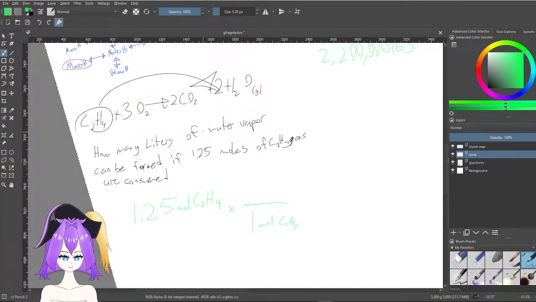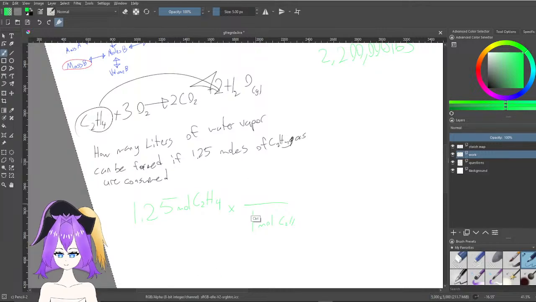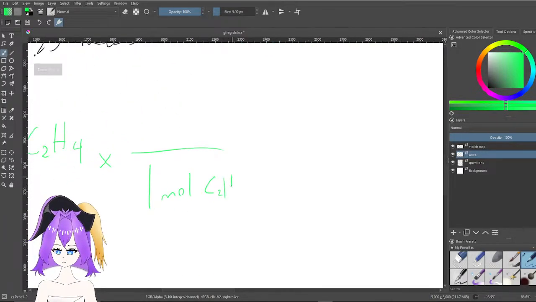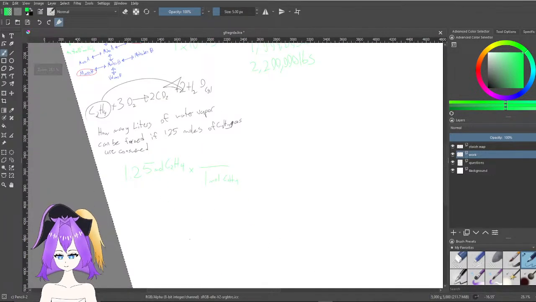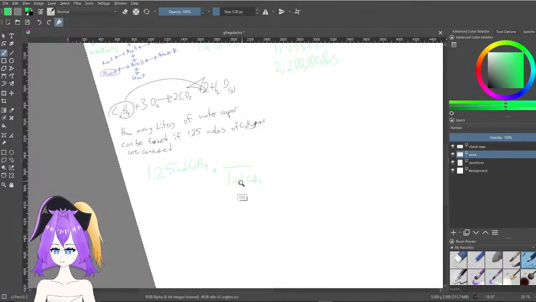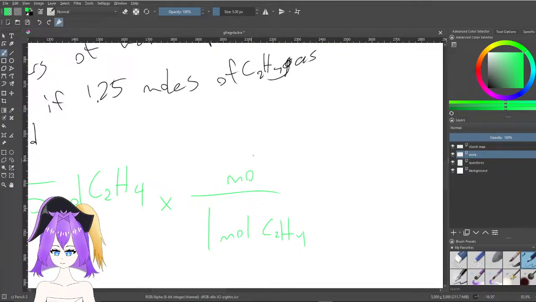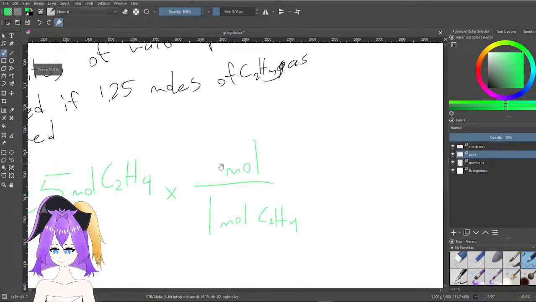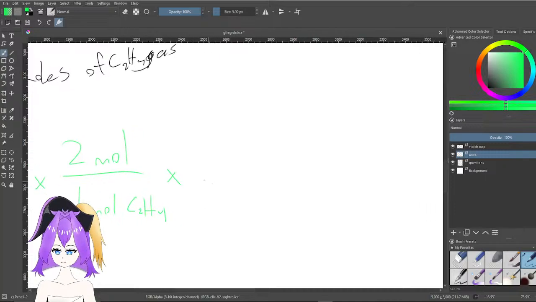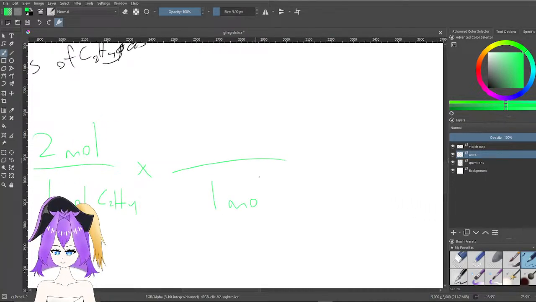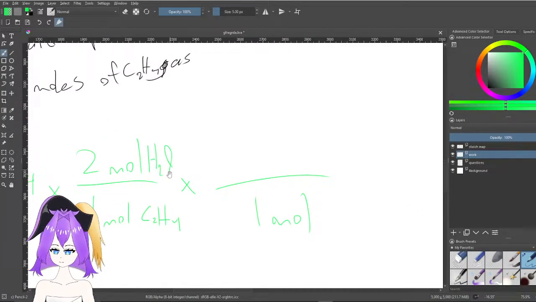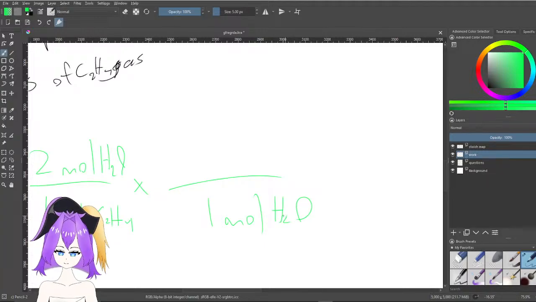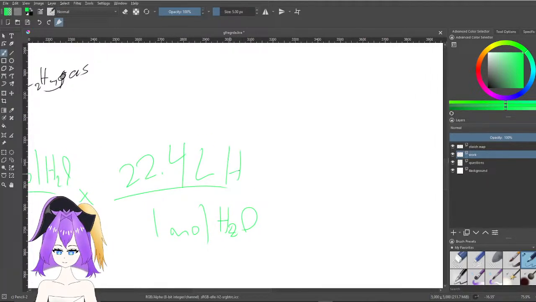Let me rotate my tablet a little bit. There we go. H4 is 2 moles. Okay, so we're going to water. It's gonna be 2 moles. And then 1 mole of water, H2O, is 22.4 liters of that.